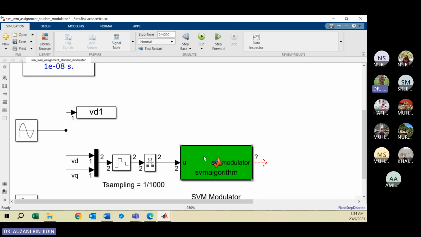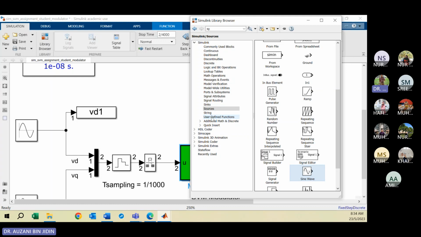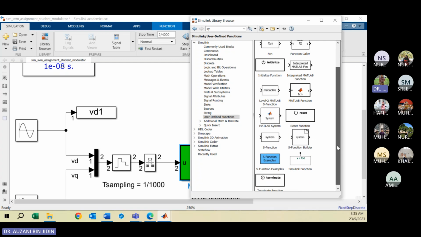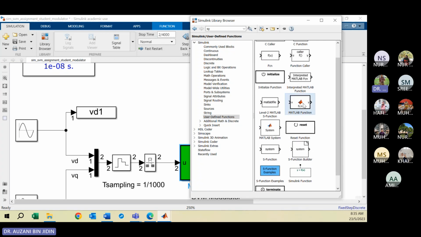Okay, so you can open this block. This block you can obtain from the MATLAB Function block. I think under the Simulink library, you go to User-Defined Functions, and there is the MATLAB Function block.